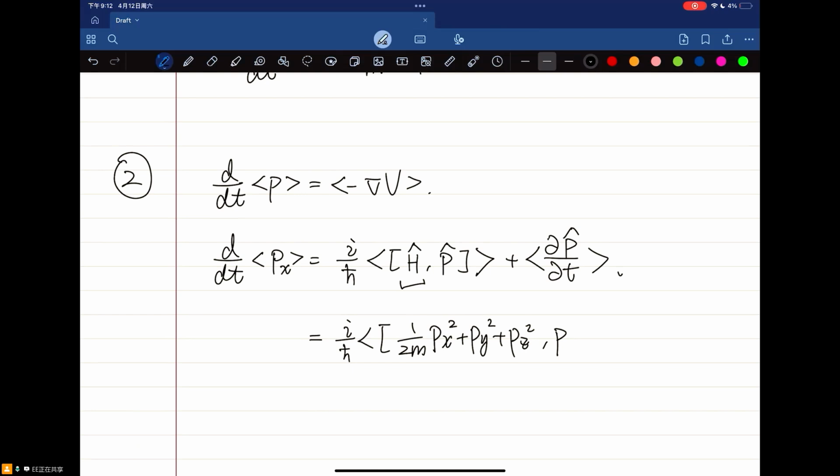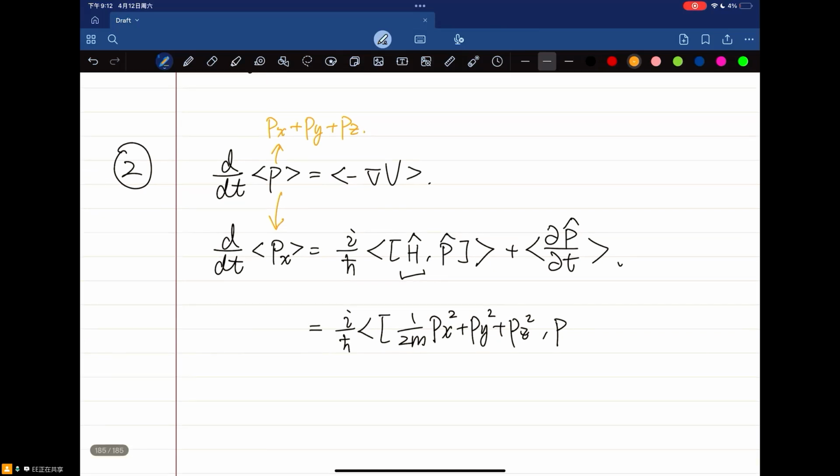And so why am I allowed to do this? Because p we can treat as px plus py plus pz, but they're all operators. So here I'm focusing on px so that I know what happens for y and z because they're similar.